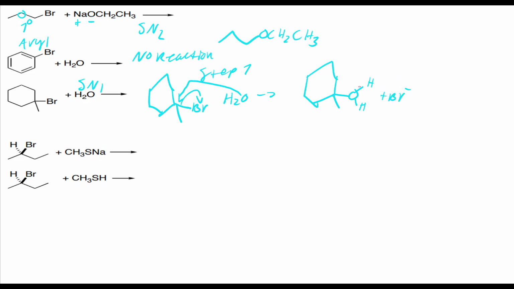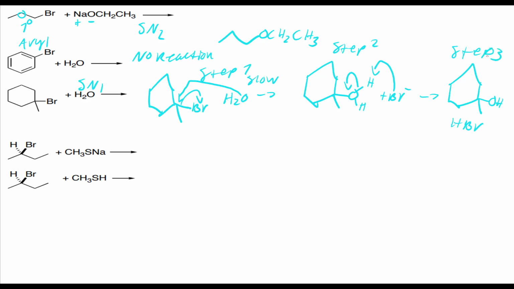Afterwards, this bond breaks, that hydrogen pops off, that bromine collects it. That's going to be step 2. It's also slow. And then you have an oxygen with a hydrogen and HBr. It's going to be step 3.